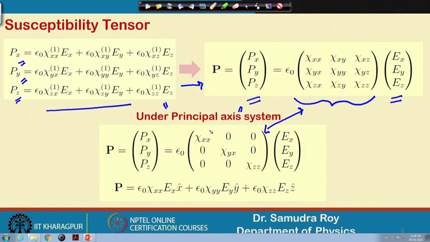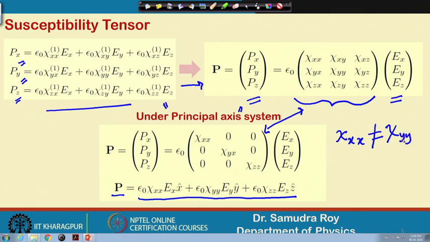So, here we can see that after diagonalizing, we can write P and E in this particular form. The P vector can now be represented in a relatively simpler form because all the off-diagonal elements are gone, but still chi xx may not be equal to the other components.